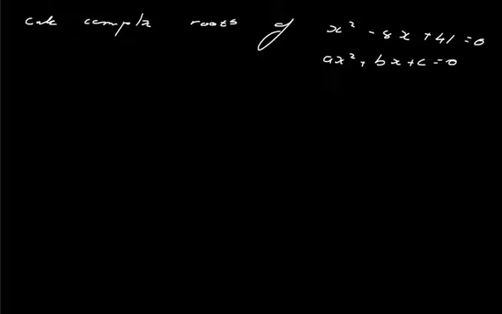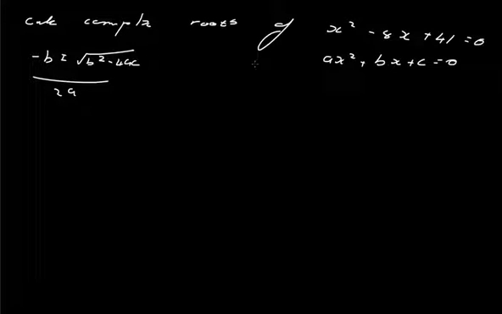Once again we're factorizing, so we're going to use the quadratic formula, which is minus b plus or minus the square root of b squared minus 4ac over 2a. So we're just going to pop in our values and we're going to get out our complex roots. Nice and easy. So minus b is negative 8 plus or minus the square root of b squared.